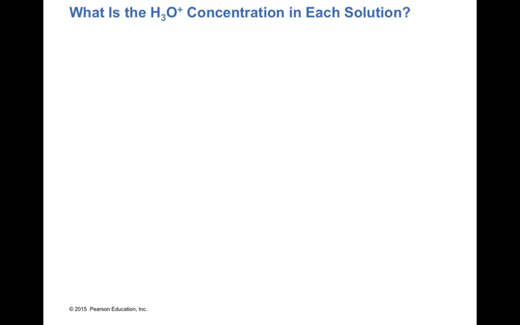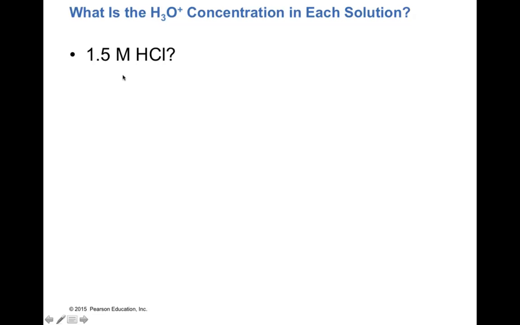So what is the concentration now of the hydronium ion in a solution? If we have, for example, 1.5 molar HCl, what will be the concentration of hydronium ions? HCl is what type of acid? It is a strong acid. So that means that because it's strong, it is going to be completely dissociated.